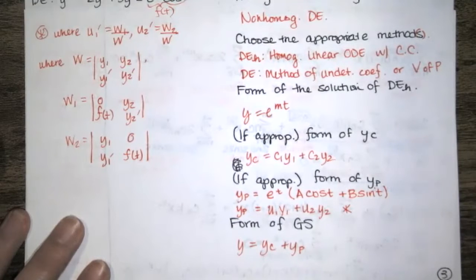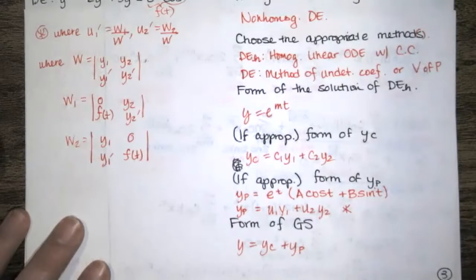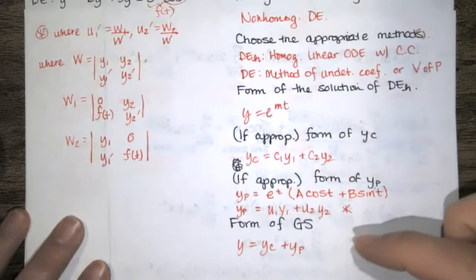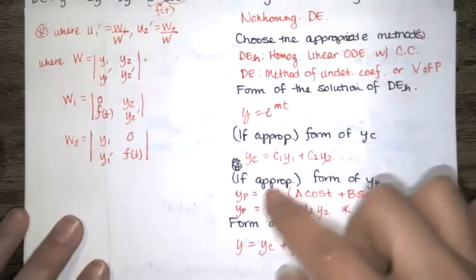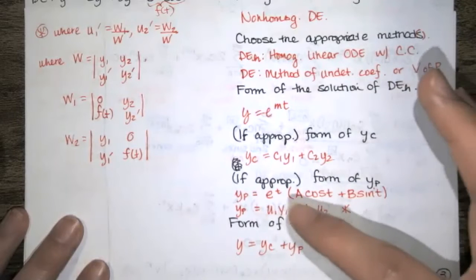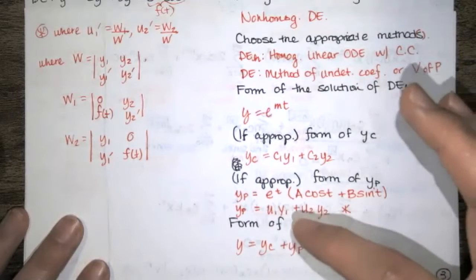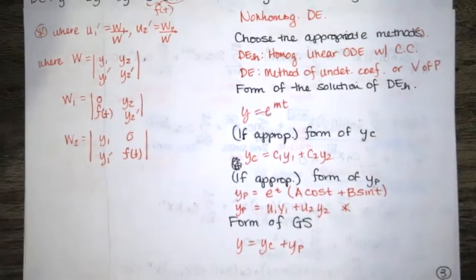Since the differential equation was second order, the form of y sub c is c1 y1 plus c2 y2. And then the form of the general solution is y sub c plus y sub p. So we'll have this plus this for the right functions y1, y2, and u1 and u2 there. Okay, let's do another one.